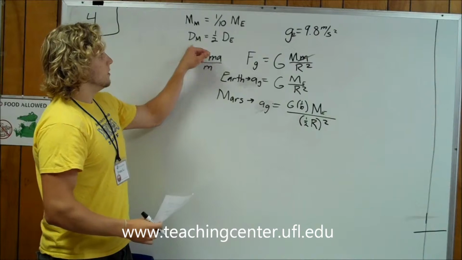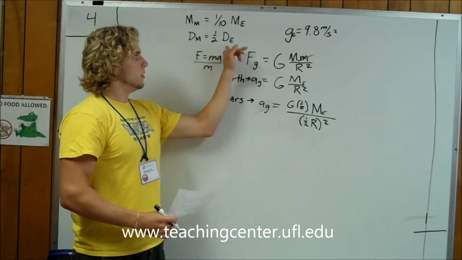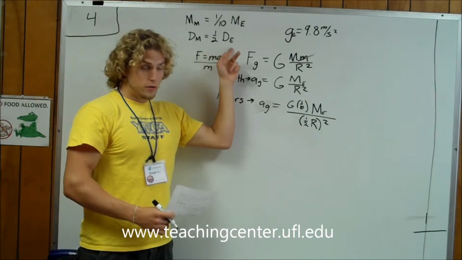We know that the diameter of Mars is 1/2 the diameter of Earth. The radius of Mars is going to be 1/2 the radius of Earth.